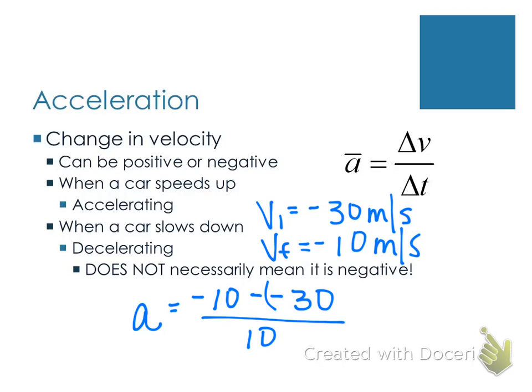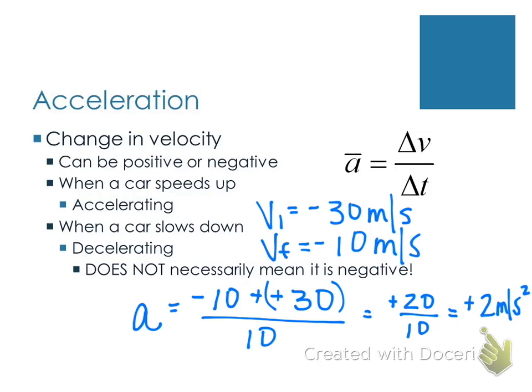Okay, when you subtract a negative, what happens to that? That becomes an addition problem, which means I'm ending up with a positive 20 over 10, which means my acceleration is positive 2 meters per second squared.